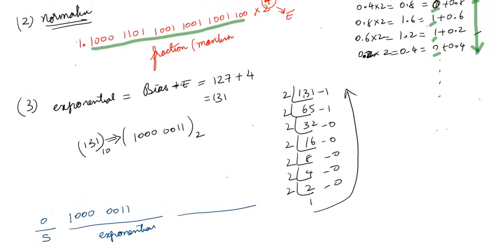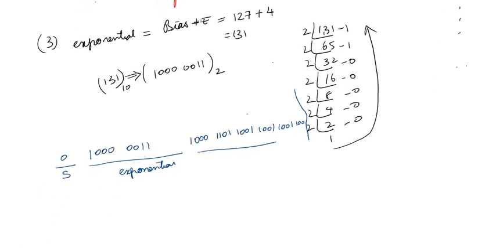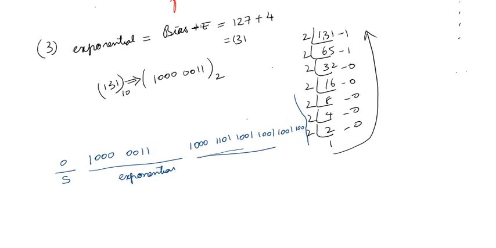This entire thing will be coming here. So the fraction is 100001101 1001 1001 1001 and 100. This entire thing is the fraction.